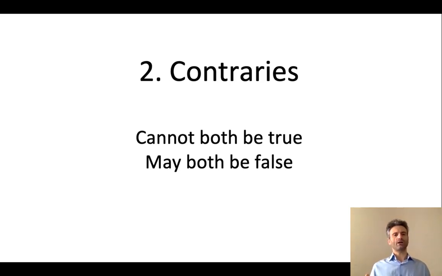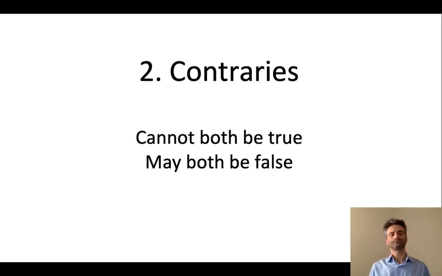Now, to be contraries means that these two forms cannot both be true, but they may both be false. So let me emphasize this. Contraries are two forms that, by logical necessity, cannot both be true. If one is true, the other one must be false.